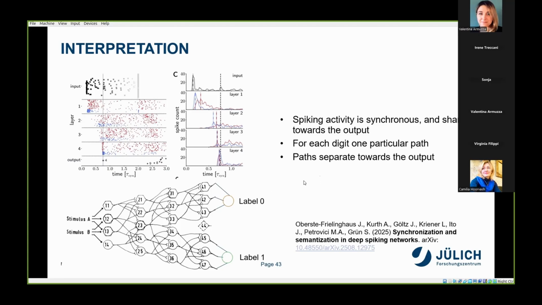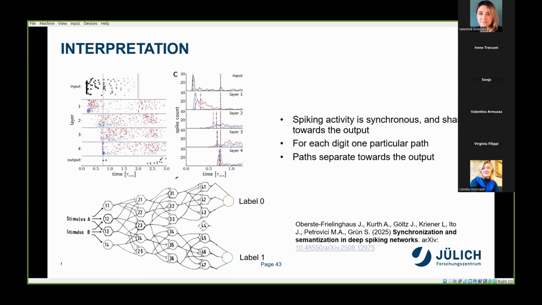And the funny thing is, we looked into a book of Moshe Abeles from 1982, and in the very last chapter he had this drawing. He was talking about how you could have multiple initially overlapping synfire chains.